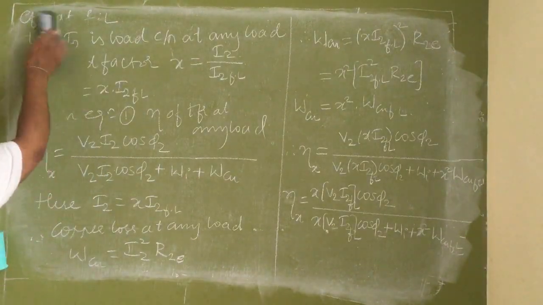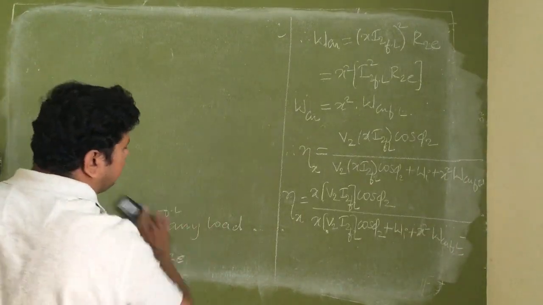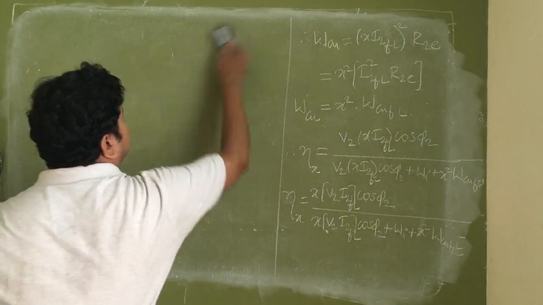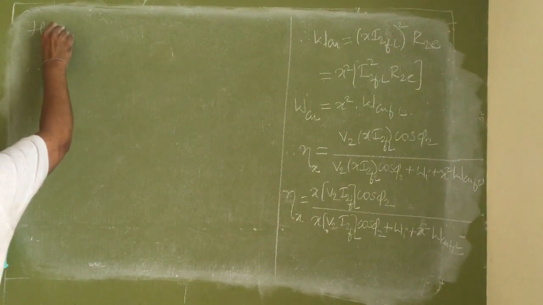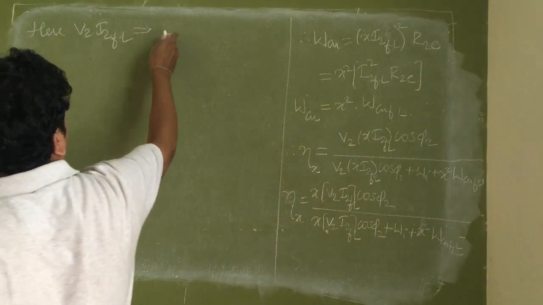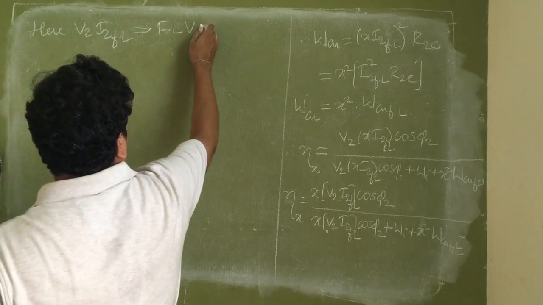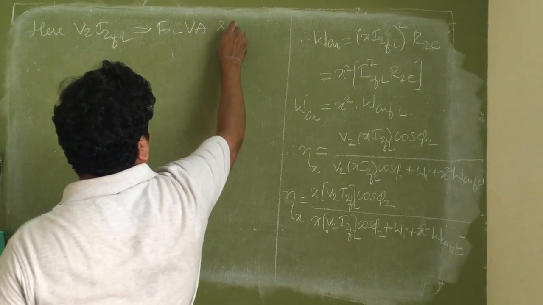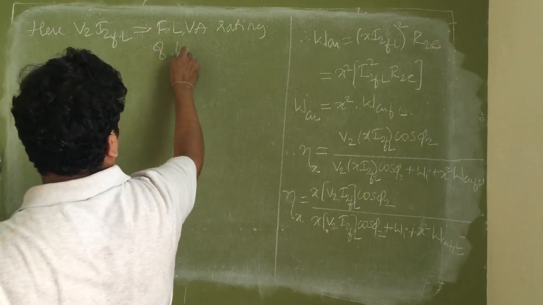Now what is V2 I2 full load? It is nothing but the volt-ampere rating of the transformer at full load. So V2 into I2 full load is the full load VA rating of the transformer.